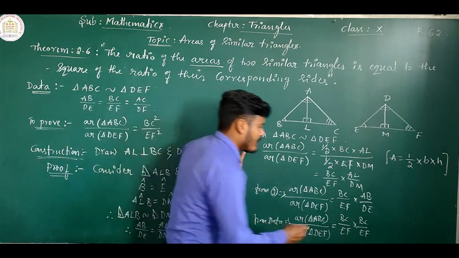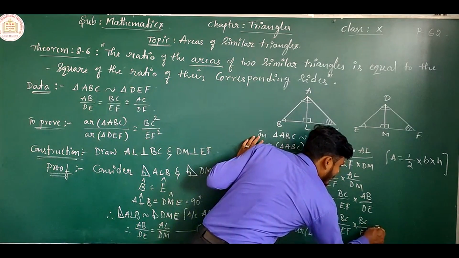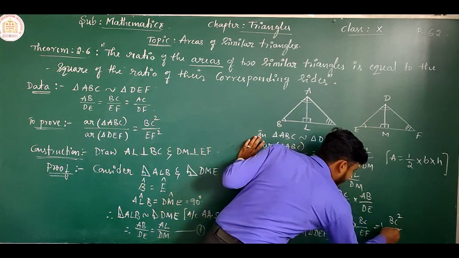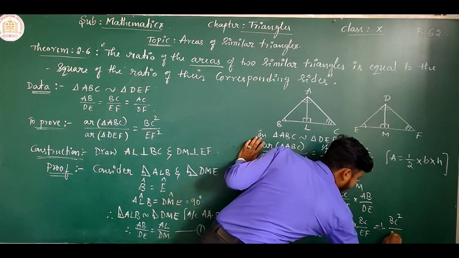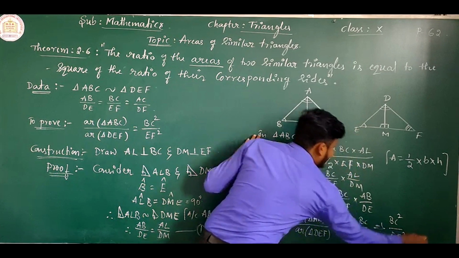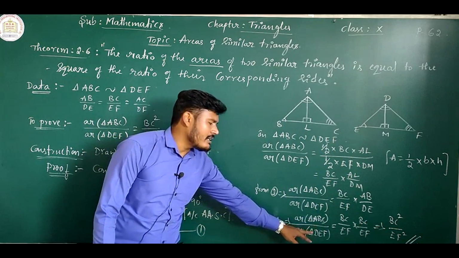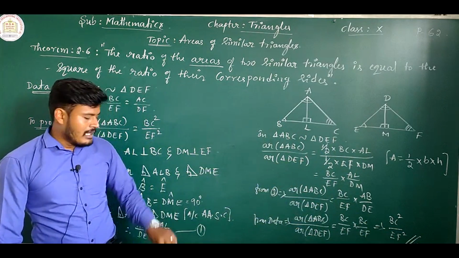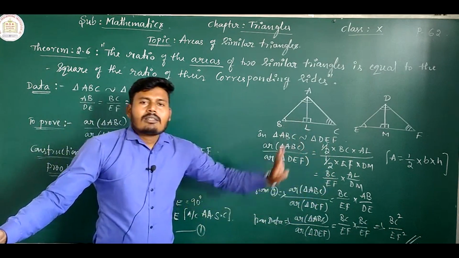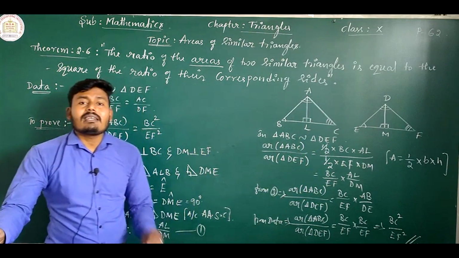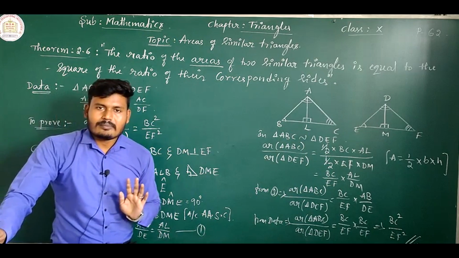That is very important. So this implies BC into BC, that is BC square, divided by EF into EF, that is EF square. So now you get the exact proof of this theorem, that is area of triangle ABC divided by area of triangle DEF is equal to the square of their corresponding sides, that is BC square divided by EF square.